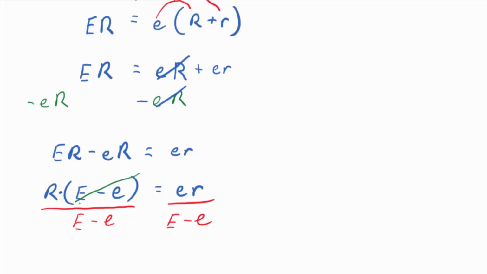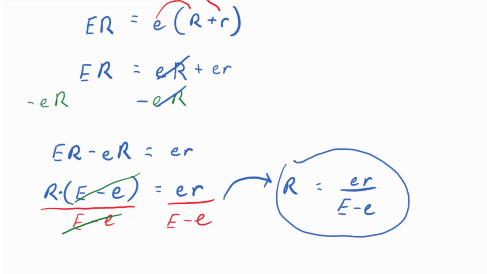Look, these guys, as quantities, cancel, and we're left with R by itself equals little e times little r over big E minus little e. Whew, okay, that's weird. Any questions on that?